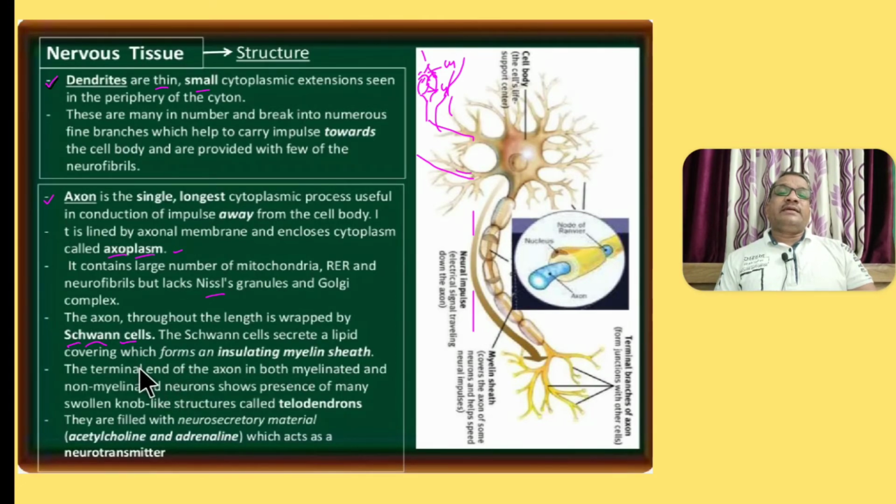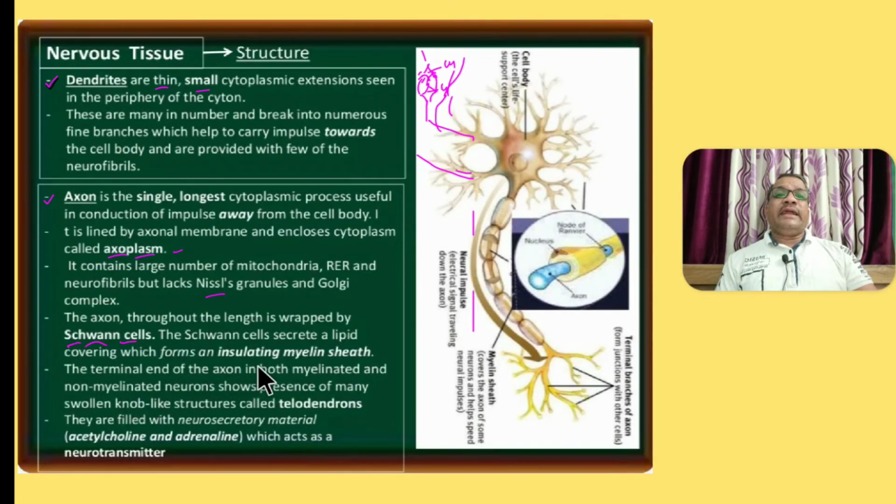Lipid layer is secreted by the Schwann cells, which forms an insulating myelin sheath. So, externally it forms a lipid layer and it is called the insulating myelin sheath.